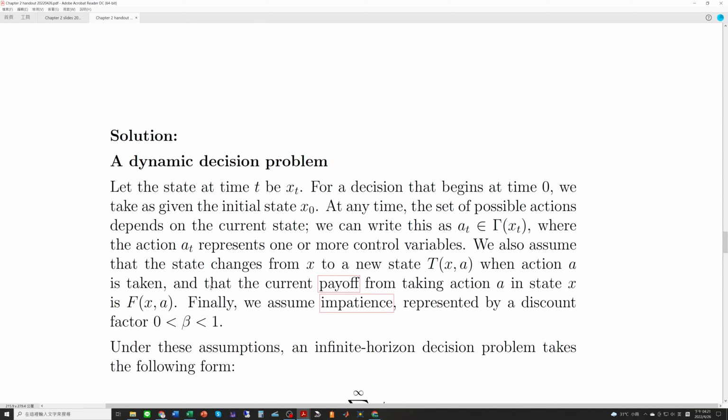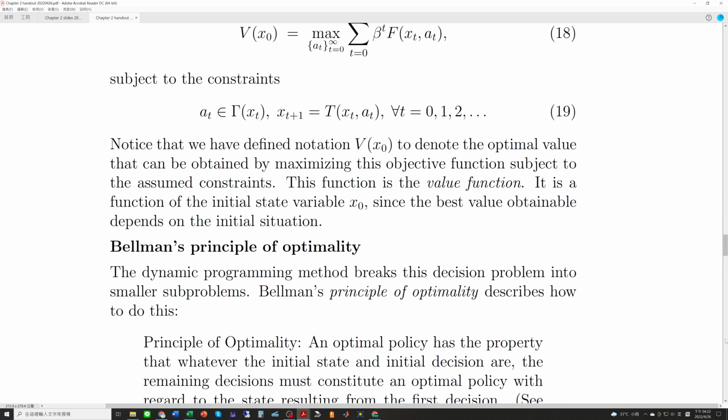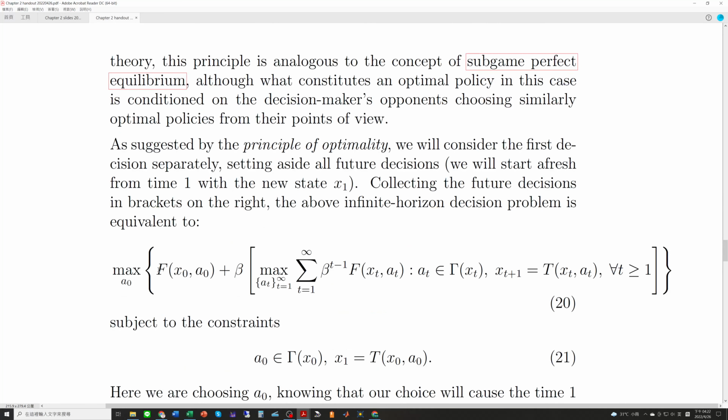The current payoff from taking action A in state X is f of xa. So f of x0, A0 is the current payoff function undertaken the action A0 and of state x0, where x0 is the state at time 0, and plus beta.